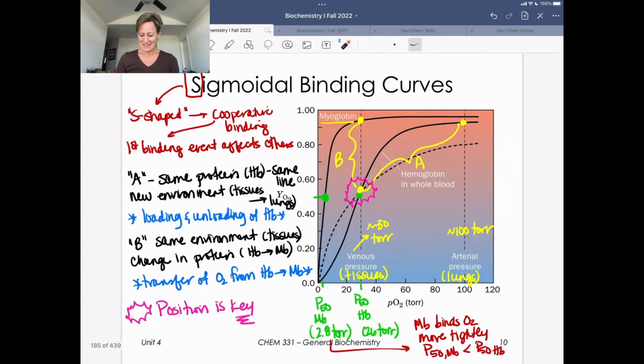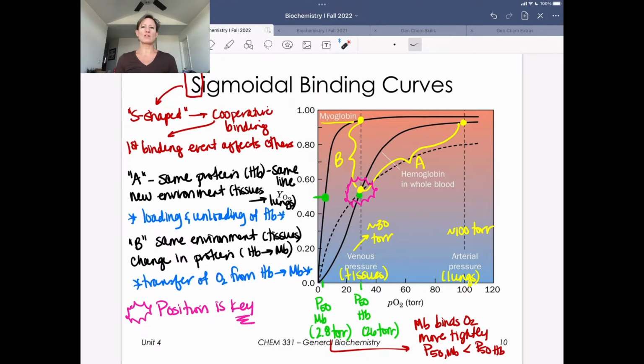Actually, let me shift to the next slide here where we're actually going to see that. Here's the P50 value for myoglobin of 2.8 torr, so it binds very tightly. And as we have a higher P50 value, remember what that P50 value means. That P50 value is the concentration of oxygen you need to be at to be half bound. And again, that's a population situation.